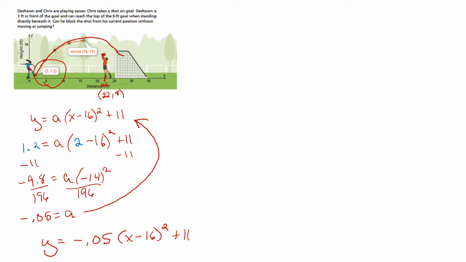The answer is: is Deshawn going to hit it? We need to plug in 22 because that's where Deshawn is standing. So y equals negative 0.05 times 22 minus 16 squared plus 11. Negative 0.05. 22 minus 16 is 6, squared is 36, plus 11.